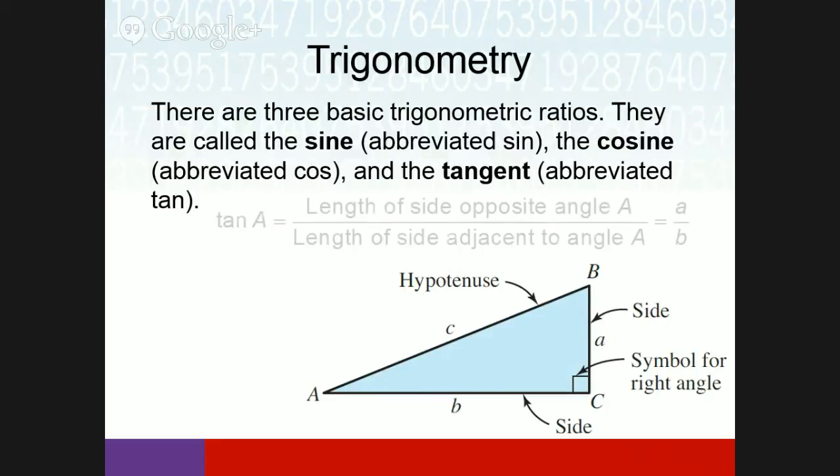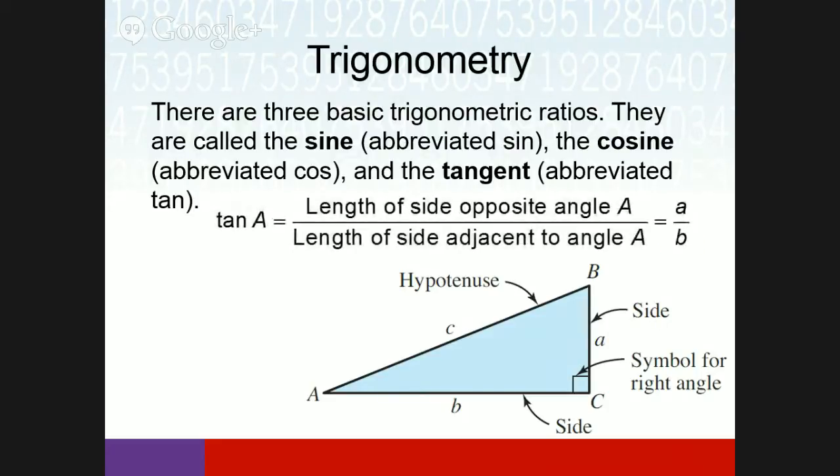Tangent is actually opposite over adjacent. So tangent of A is A over B, but tangent of B is B over A. If I'm talking about this angle and I say what's tangent of this angle, it's opposite over adjacent. Sine of this angle is opposite over hypotenuse.